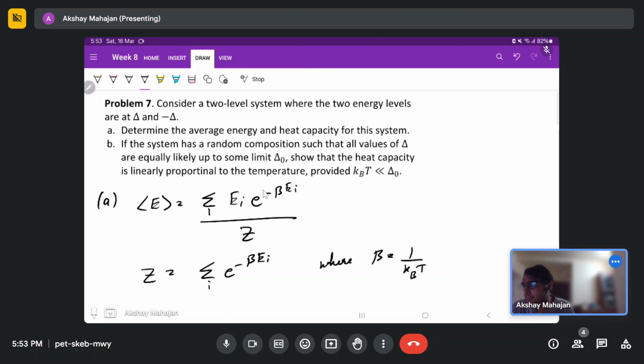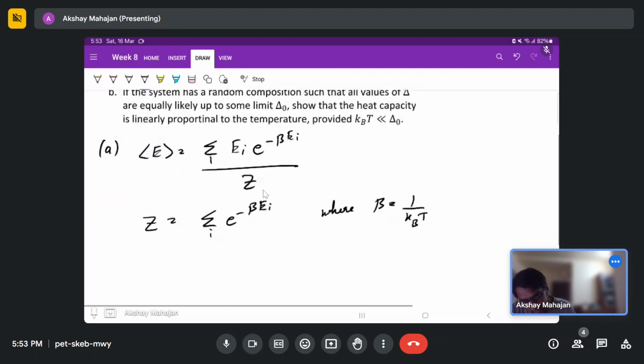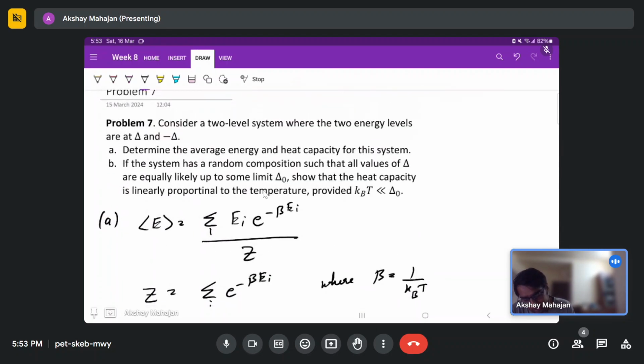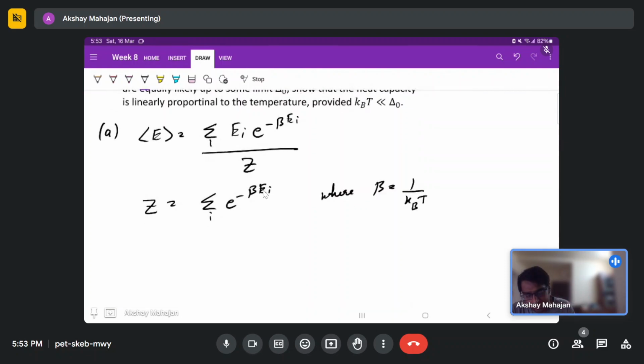Now here it is just a two-level system, and there are only two energy levels, delta and minus delta. So our EI is basically just plus minus delta.